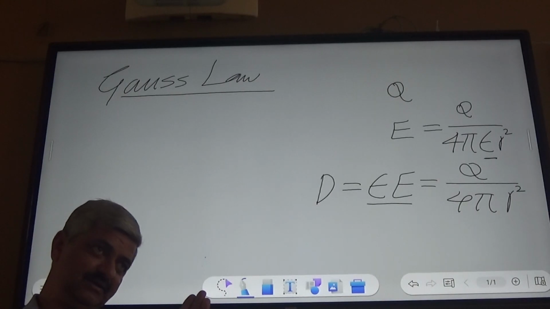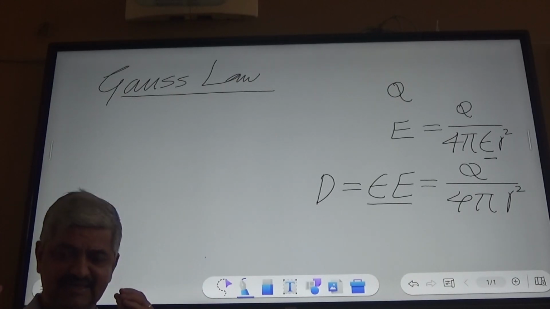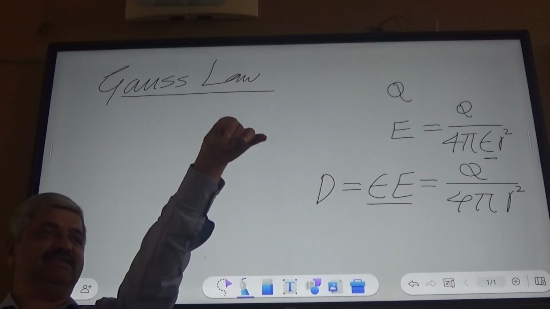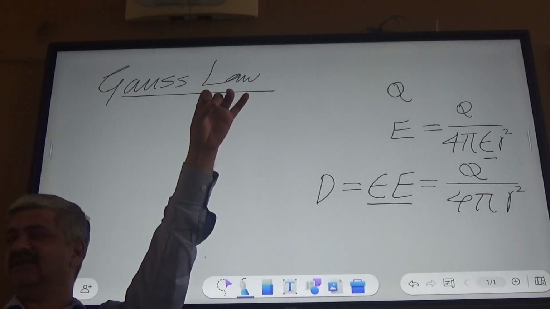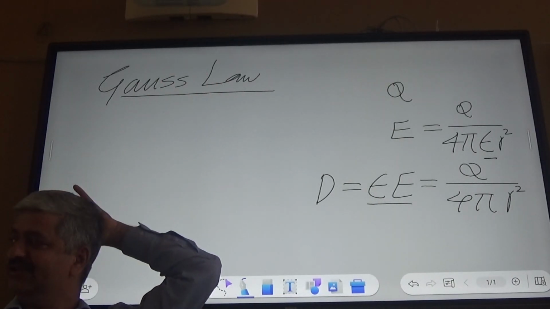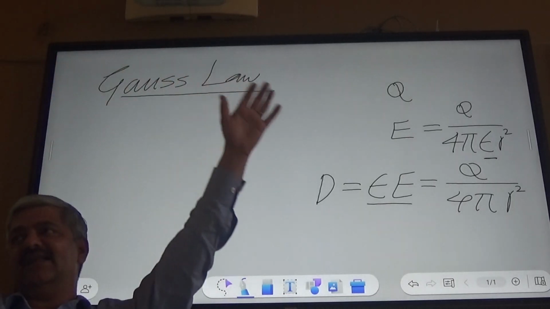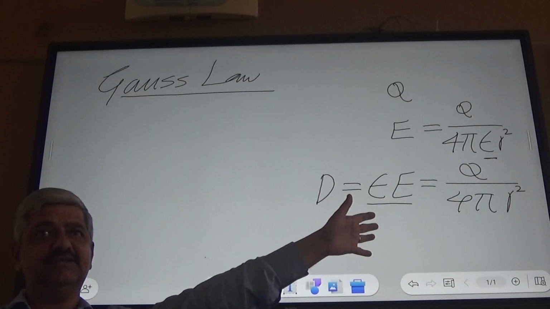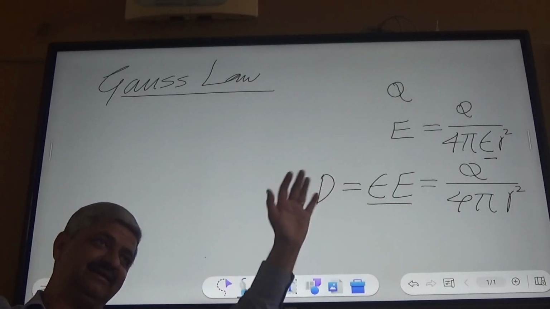If there is some electric charge, let us say that in the universe only one point charge is existing and somehow it is fixed there, that will create electric flux around it. So at every point there will be some electric flux.